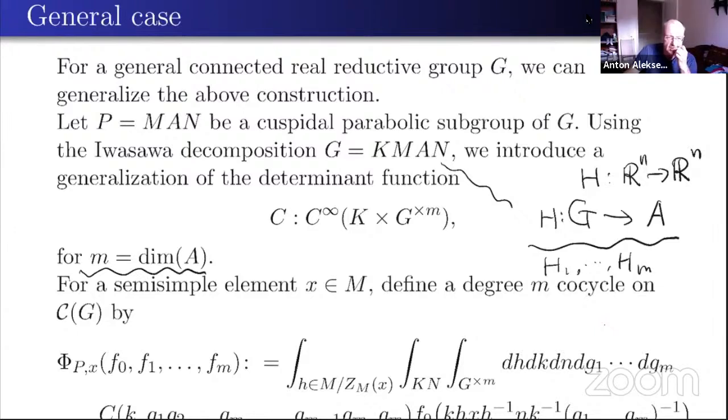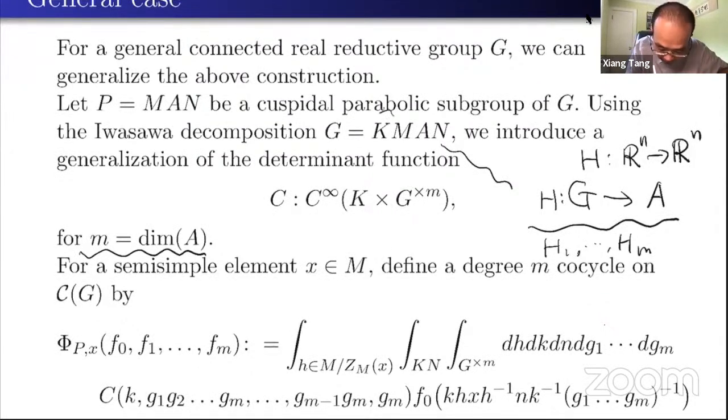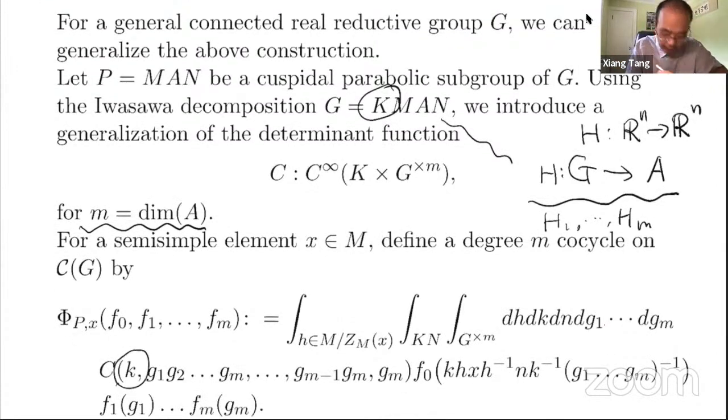Then you use the determinant, and here you have to be careful because of the K. The K is there, so it's not totally commutative. So we have to involve some conjugation by K to make this definition of C. But that's the rough idea.